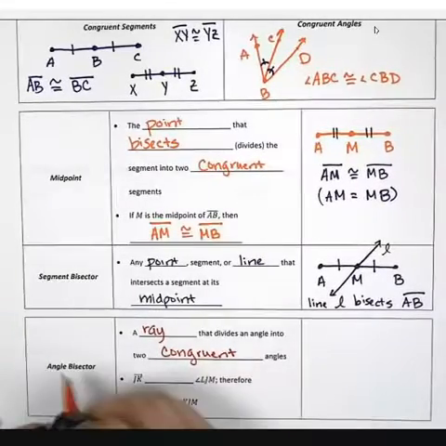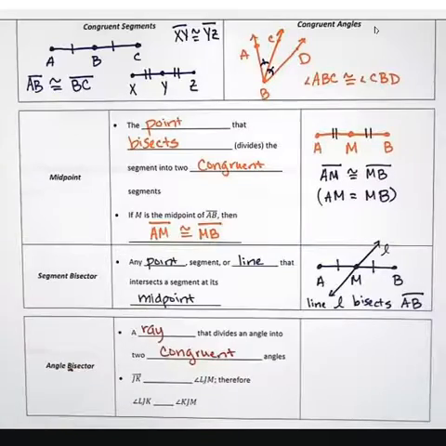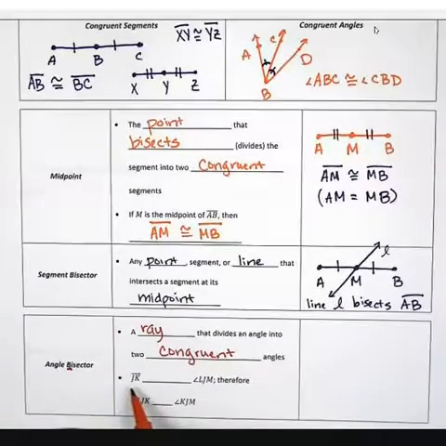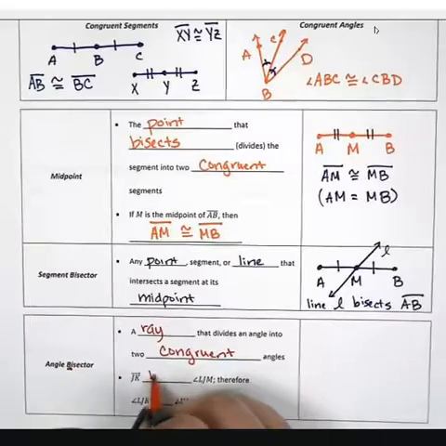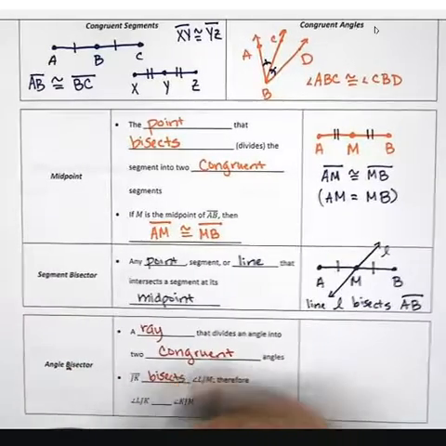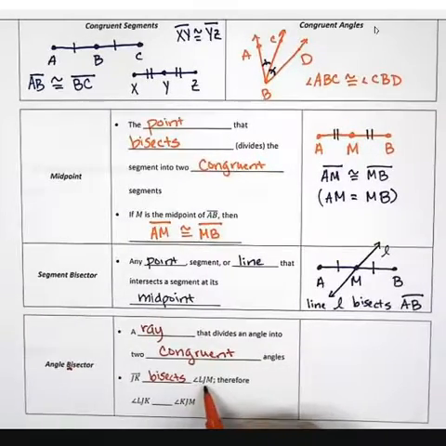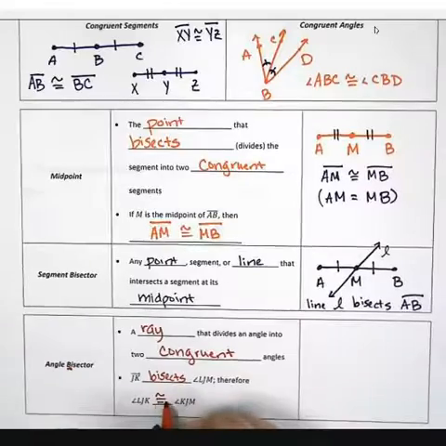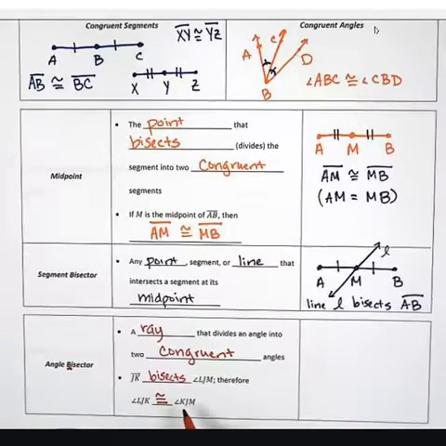And remember, if you have a bicycle, it's got two wheels, so a bisector cuts it into two congruent angles, or two congruent segments. All right, so if we have ray JK and it bisects angle LJM, we know that angle LJK is going to be congruent to angle KJM.